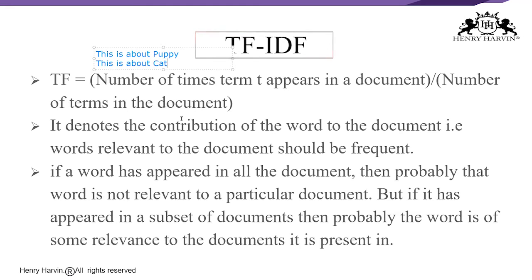So it denotes the contribution of the word to the document. That is, words relevant to the document should be frequent. Now if I try to find the IDF, which is equal to log of capital N by small n, where capital N is the number of documents and small n is the number of documents the term t has appeared in.